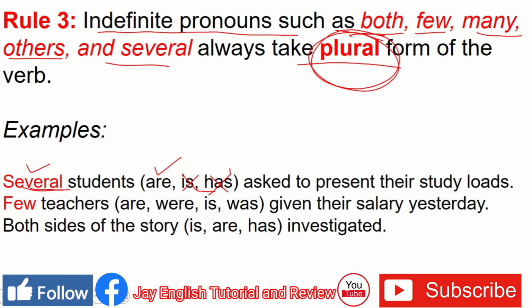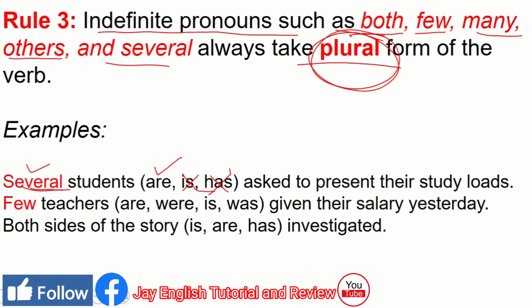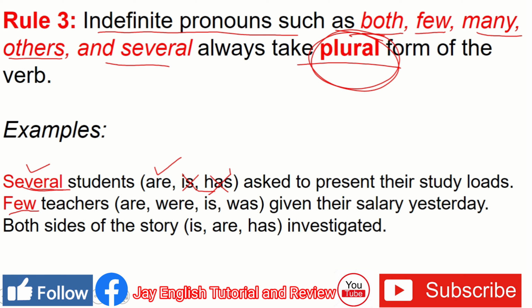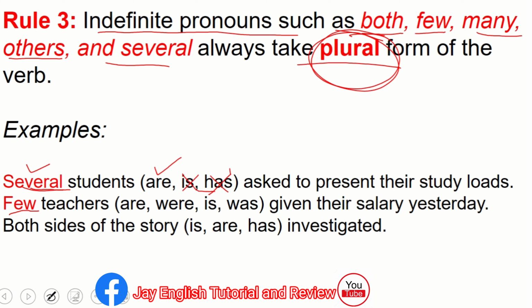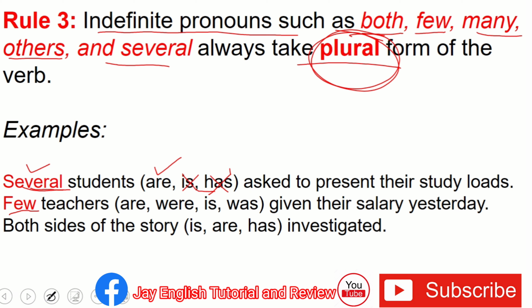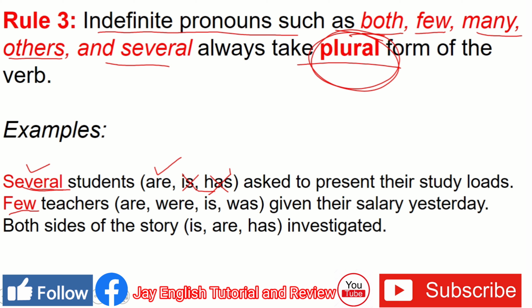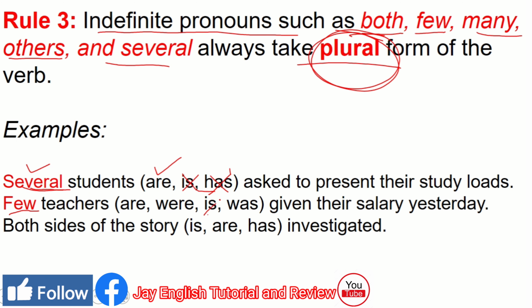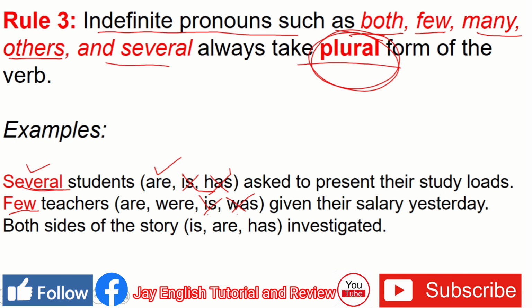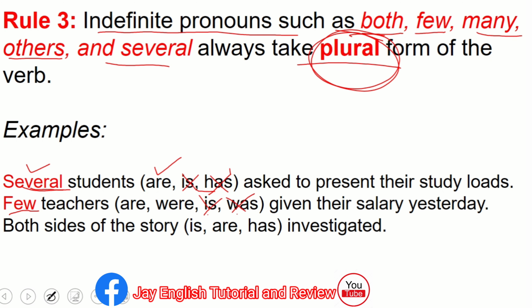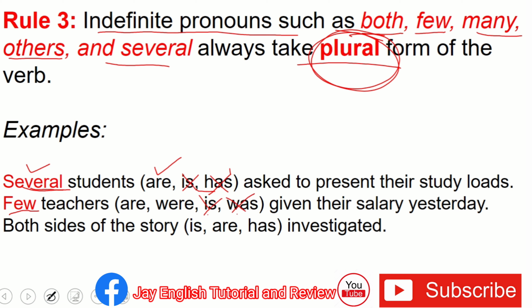Another example, few teachers. Okay, few is another indefinite pronoun which is plural. Few teachers are, were, is, was given their salary yesterday. Okay, now, is is a singular linking verb, was is singular too, so it's between are or were.